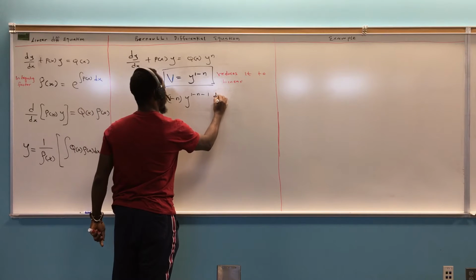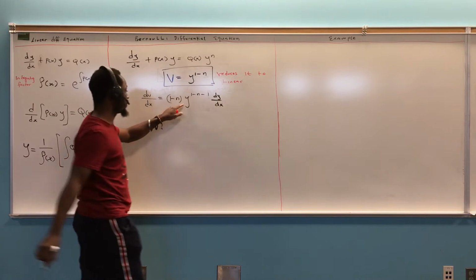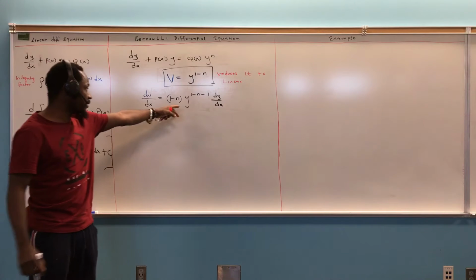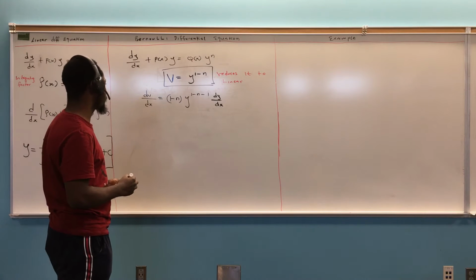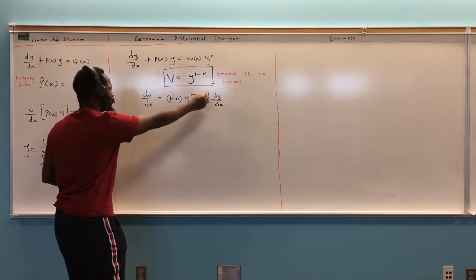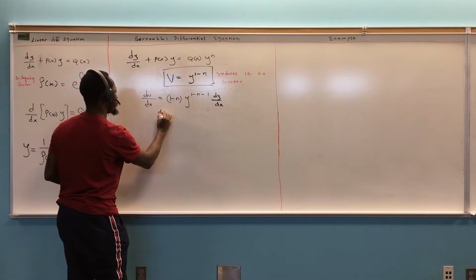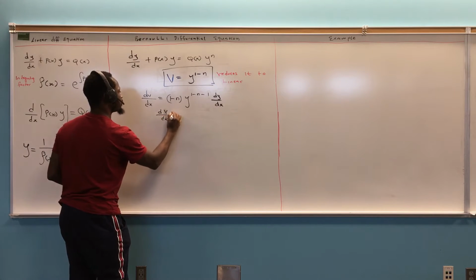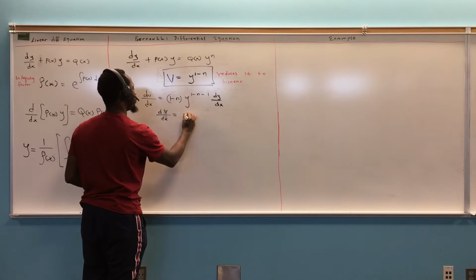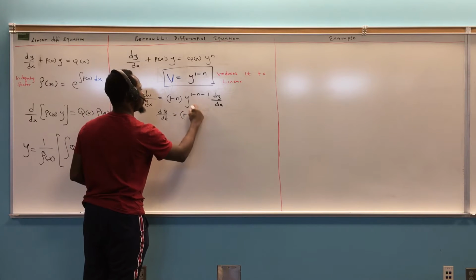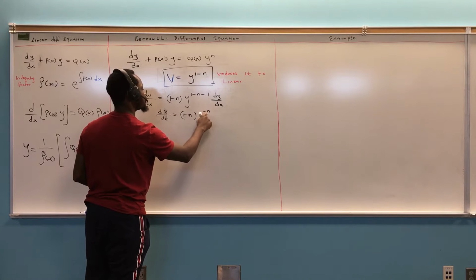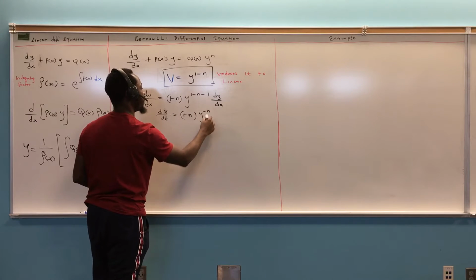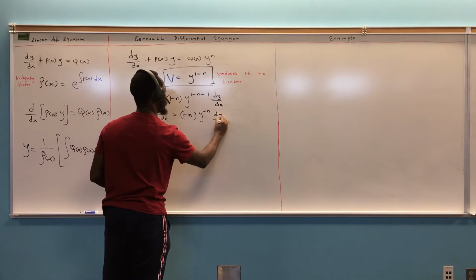And then you have dy/dx here, because we are differentiating y on the right hand side with respect to x. Rewriting this, we have dv/dx is equal to 1 minus n, we cancel this, so we have y to the exponent minus n dy/dx.